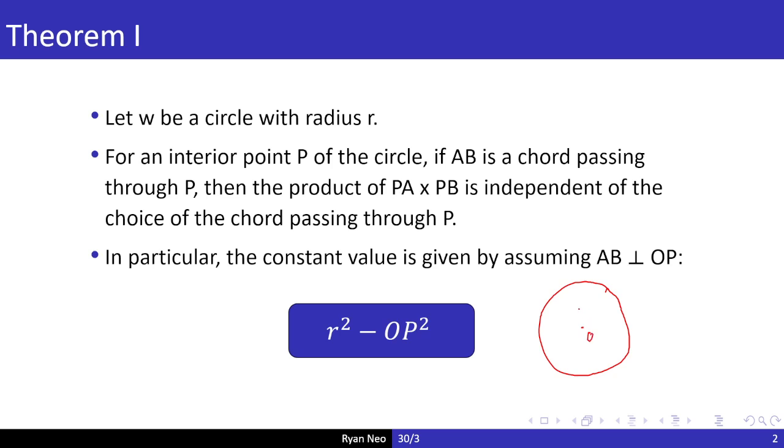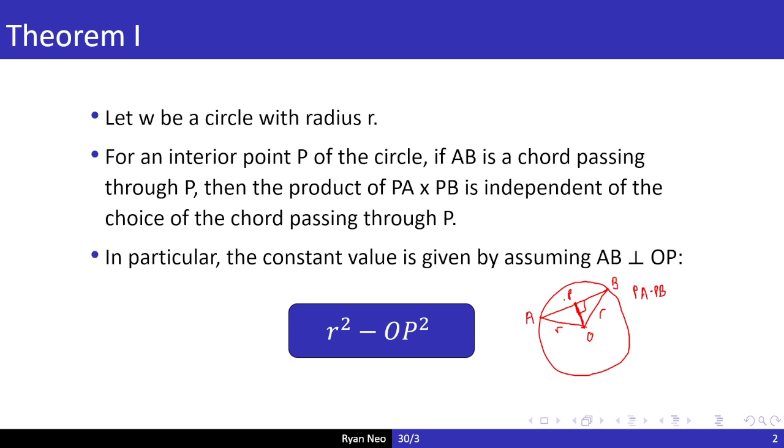If I tell you it's constant, why not choose AB like this, with P in the middle of AB such that OP is perpendicular to AB. So you know that OB is r and OA is also r. Now we want to find the constant value, so we want to find PA times PB.